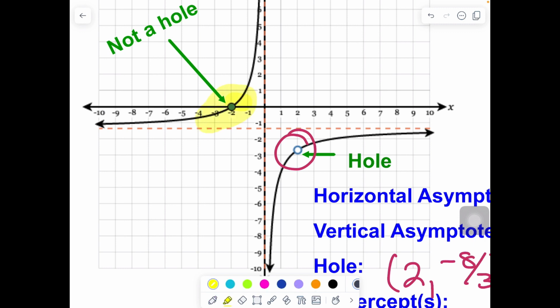Some things will show up as like this circle, okay, but this hole is not filled in, and so that's how we know that is a hole. So this one is a hole because it's not filled in. This one is not a hole. It's just that the graphing software says, oh, this is an important point. It's an x-intercept. And so it graphs it as a point, but it's not a hole because it's filled in. This one's not filled in.